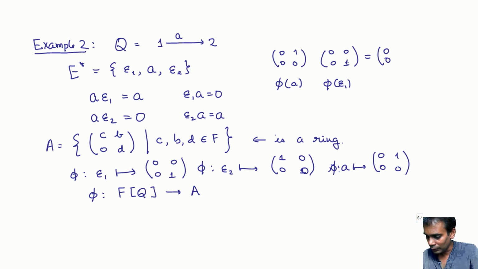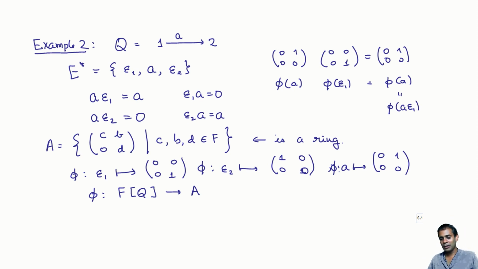In the second column, you will get (1, 0), which is phi of A. So phi of A times phi of epsilon 1 is phi of A epsilon 1. Similarly, you can do all the other checks and you can see that phi defines a ring homomorphism. And in fact, phi is an isomorphism of rings.